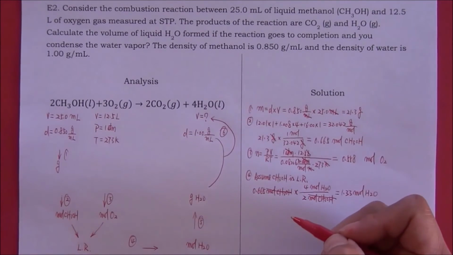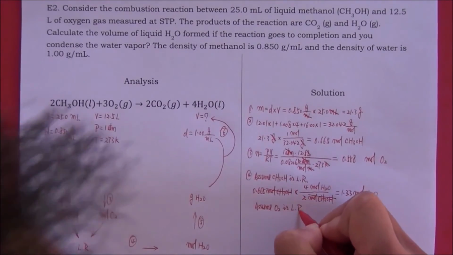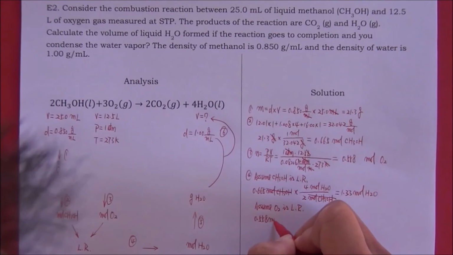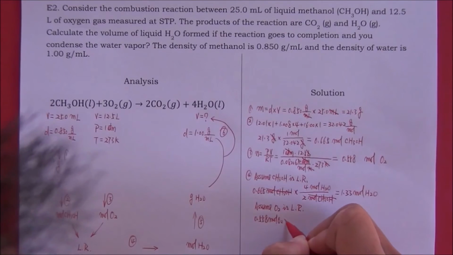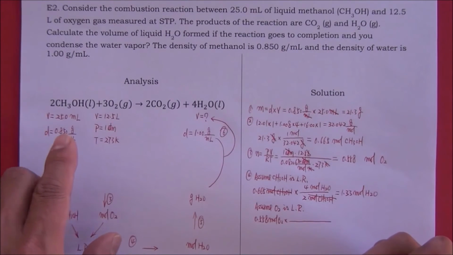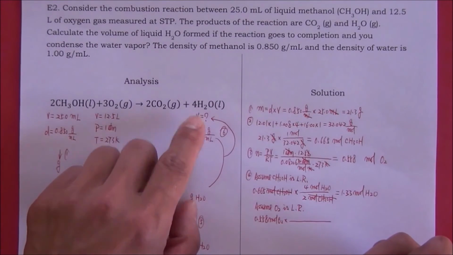Then we need to assume oxygen is the limiting reactant. We have 0.558 moles of oxygen. And the balanced chemical equation tells us every 3 moles of oxygen gas, we will produce 4 moles of water.